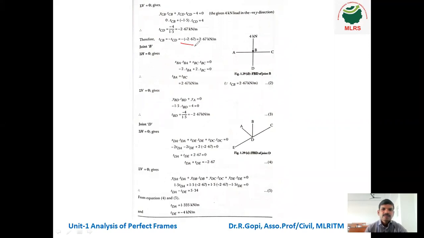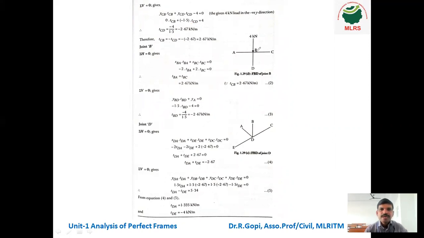So you can see here TCD is minus 2.67, but TCB is equal to minus TCD. So minus of within bracket minus 2.67. The answer is minus 2.67 kilonewton per meter. So this joint is over.